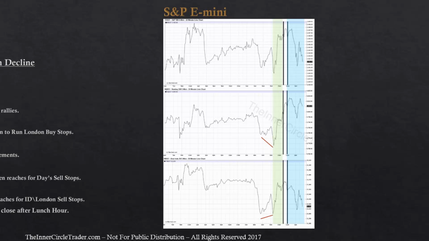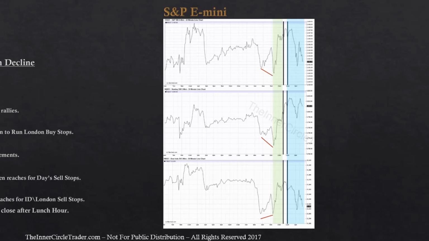For the NASDAQ, we can see very easily and obviously that the NASDAQ was able to go lower and the S&P was able to go lower. So the Dow was able to buck that trend, indicating there were strong buyers stepping in, and the S&P rallied as a result.